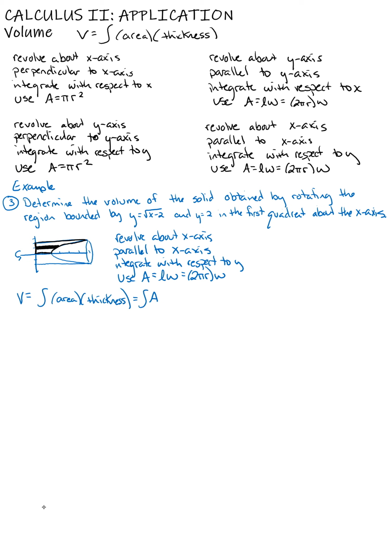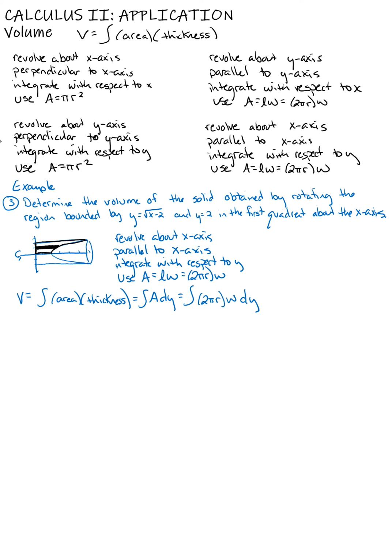And remember that since we are integrating with respect to y, our thickness we will denote as dy. That's that little differential, an approximation of delta y. So we end up with the integral of 2 pi r w times delta y, or dy.